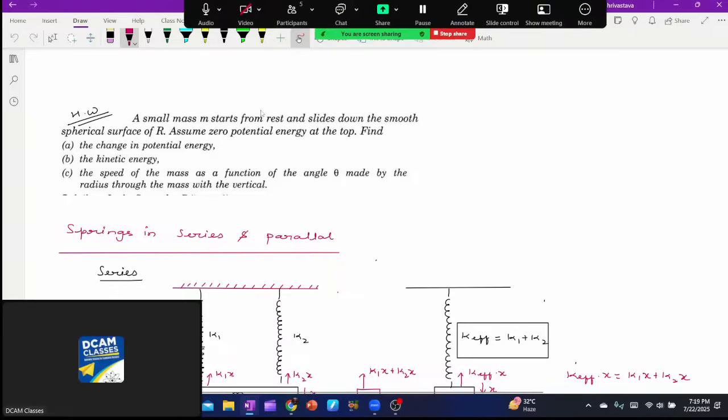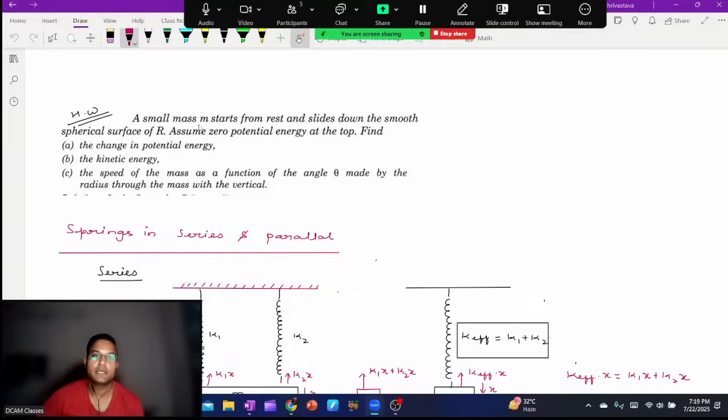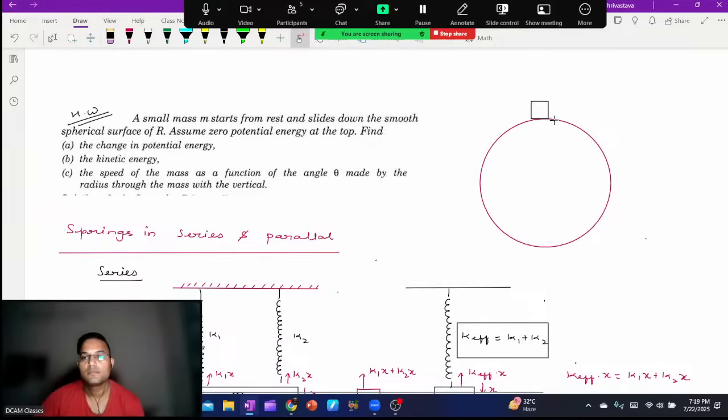A small mass M starts from rest and slides down the smooth spherical surface of radius R. I was trying to draw the circle, like this. This is mass M. This surface is smooth. The radius is R.